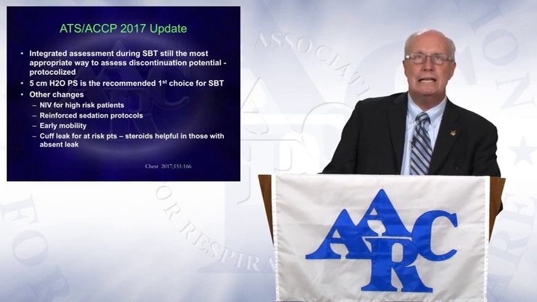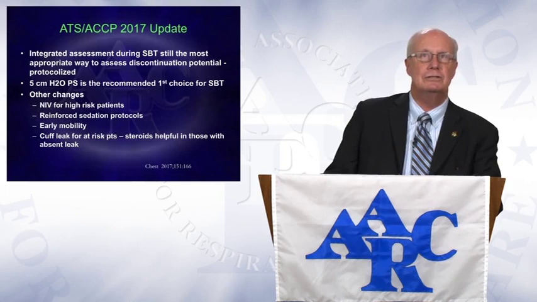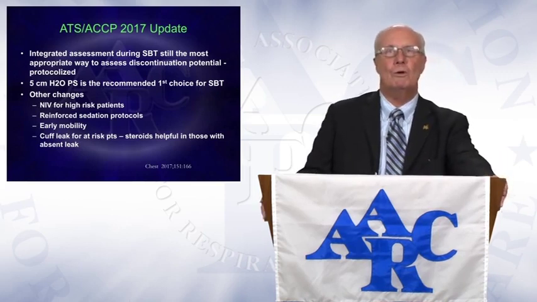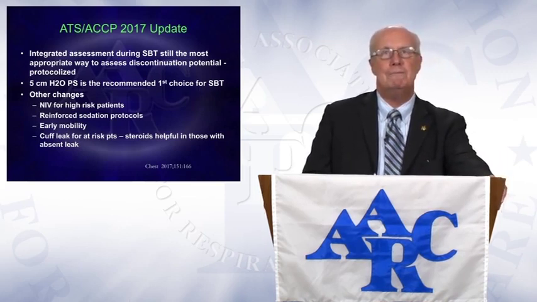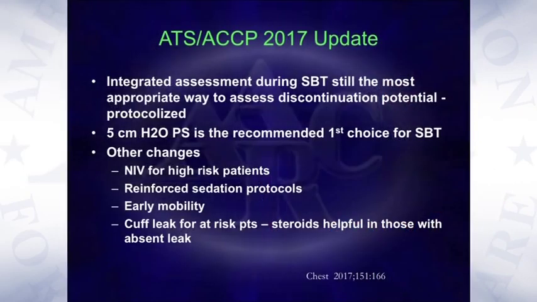The guidelines reiterated one more time that the spontaneous breathing trial with an integrated assessment, as I've described it, is the most effective way to assess discontinuation potential. As I mentioned before, these updated guidelines also brought forth the notion that maybe 5 centimeters of pressure support is the first choice for a spontaneous breathing trial.